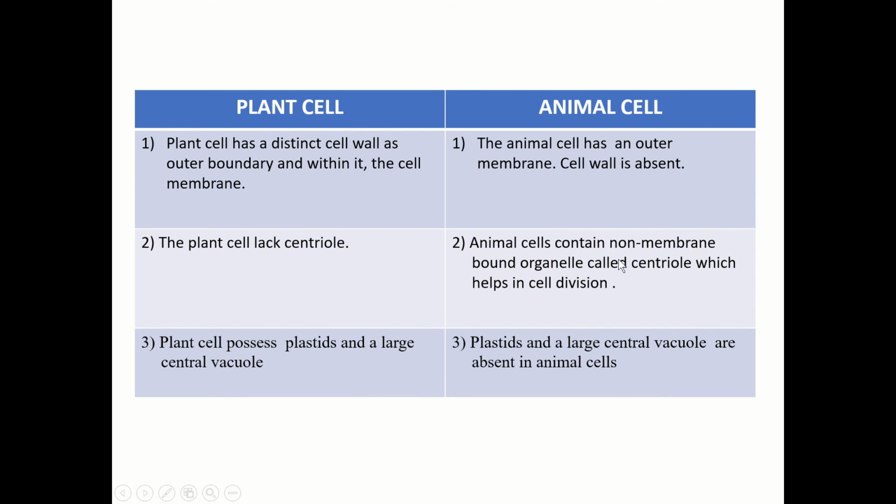Animal cells contain a non-membrane-bound organelle called centriole, which helps in cell division. Plant cells possess plastids and a large central vacuole, which are absent in animal cells. So these are the differences between plant cell and animal cell.